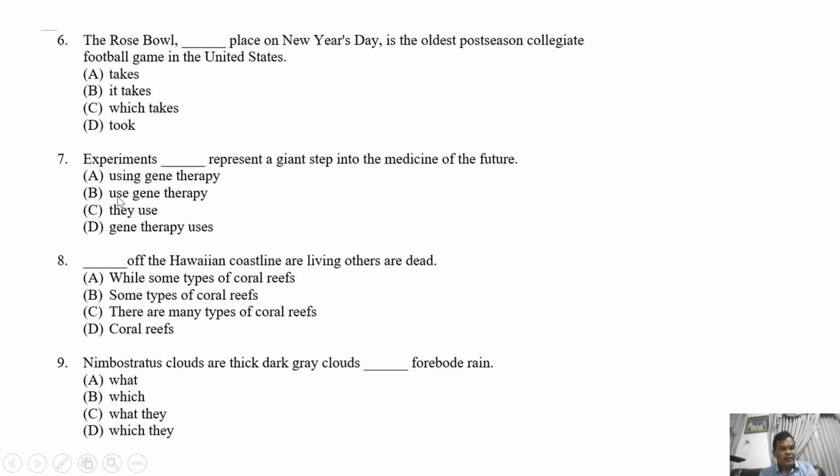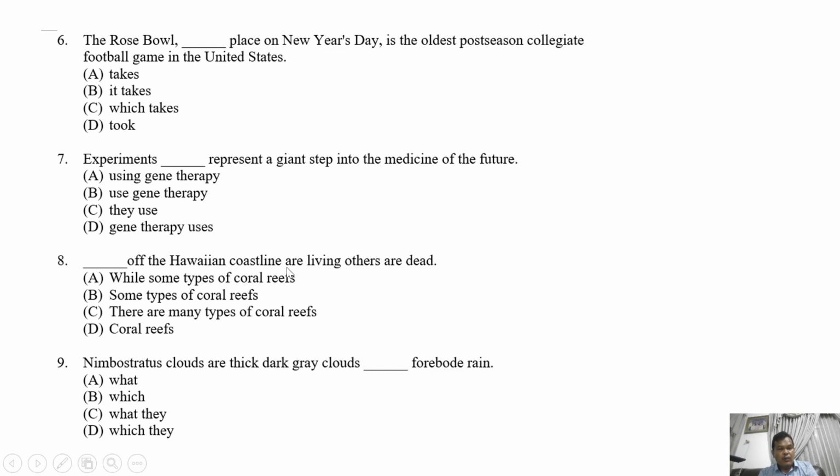And you see that options B, C, D contain a predicate. In option B, we have use verb 1, that is a predicate. Option C also contains use, and option D contains uses as the predicate. There's only one option without a predicate, so the best answer goes to A.